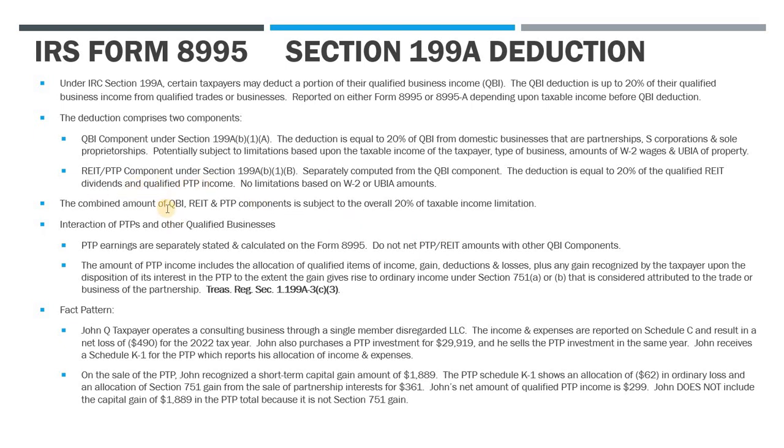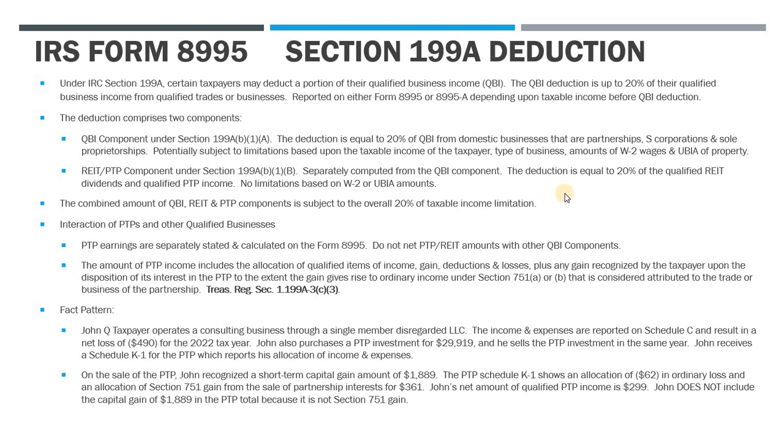Now the second element here is the REIT and PTP component. So REIT dividends and PTP flow-through income can also qualify for this QBI deduction. These are separately computed from the QBI component up here, but you get the same deduction, right?